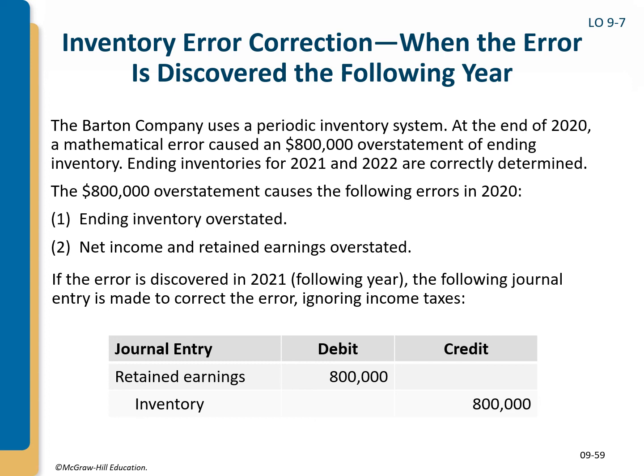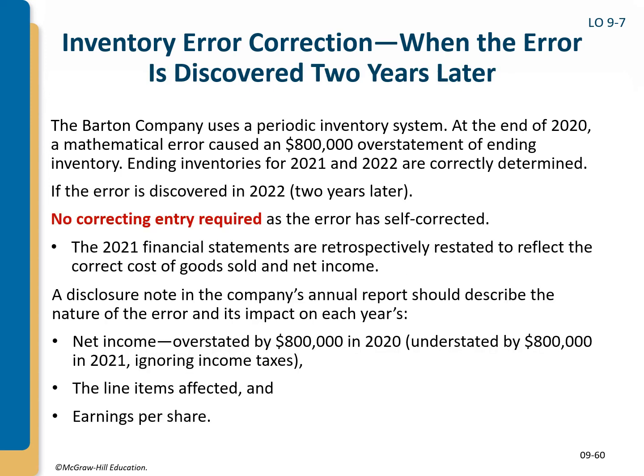We will correct retained earnings by debiting it, and there's no effect on this year's net income, even though it was self-correcting by itself. What happens if it's discovered 2 years later? If the error is discovered in 2022, no correcting entry is required because it's self-corrected, right? We saw that.